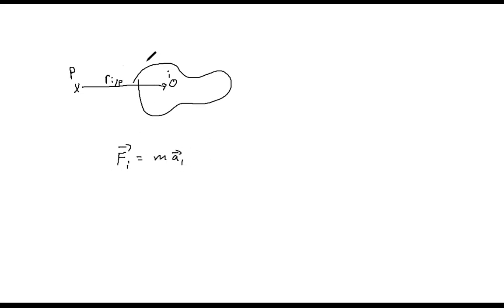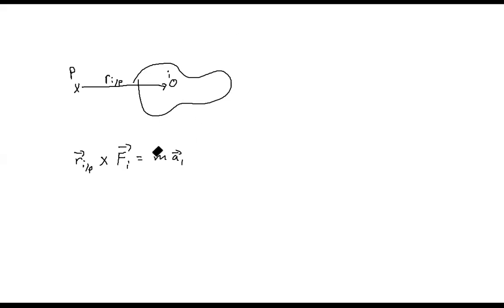Since we want to focus on the rotational part, we're going to take a cross product to form the moment of the force. So I want to take r of I relative to P cross F.